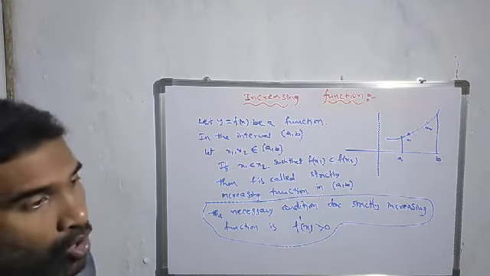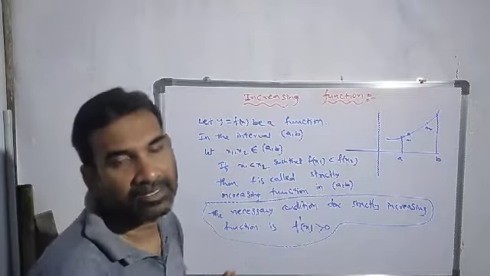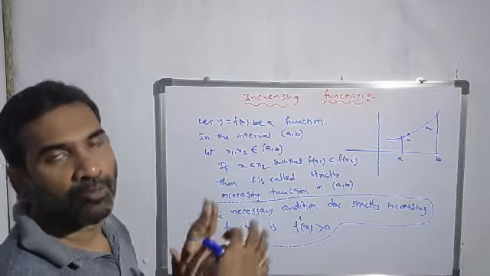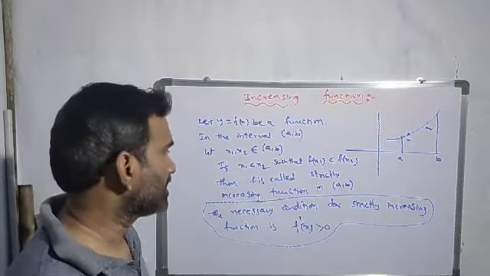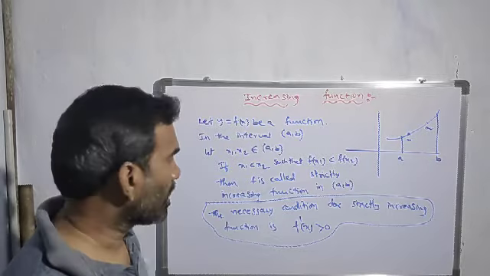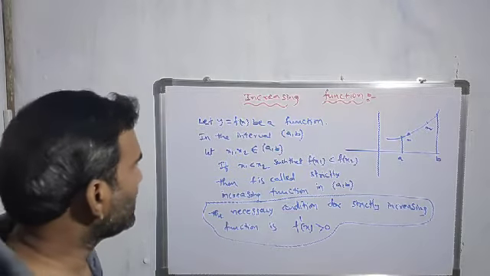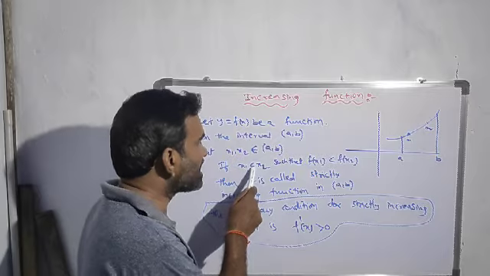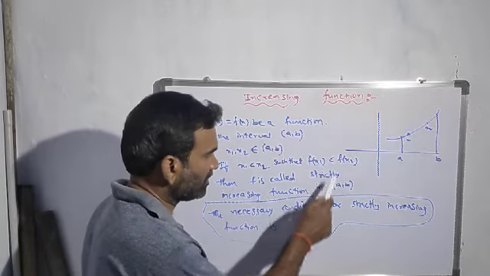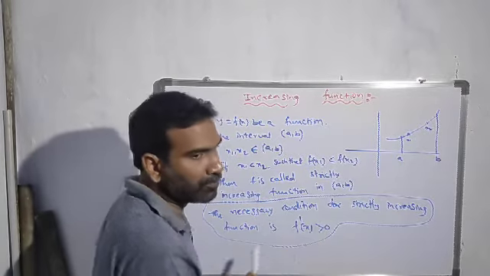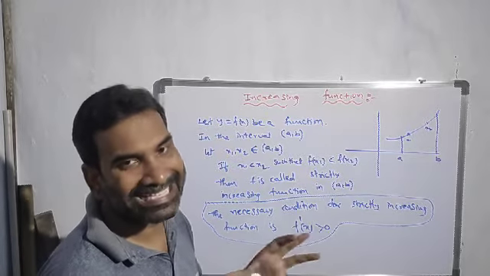It is also called monotonic increasing, strictly increasing. For example, in this place, if you take less than or equal to, here greater than or equal to, then it is called only increasing.